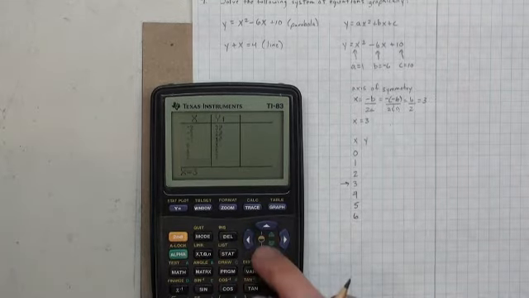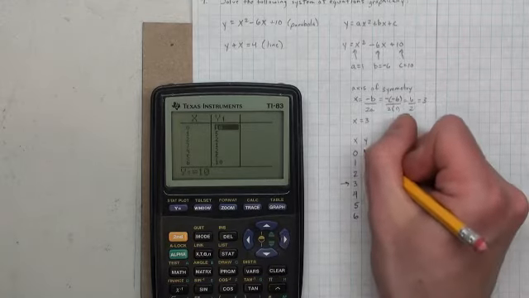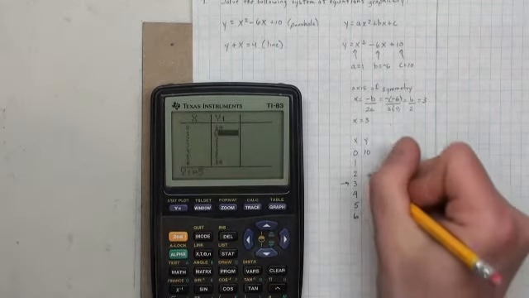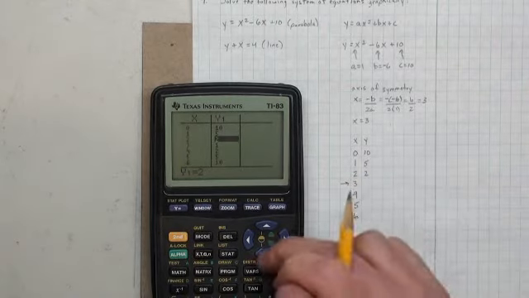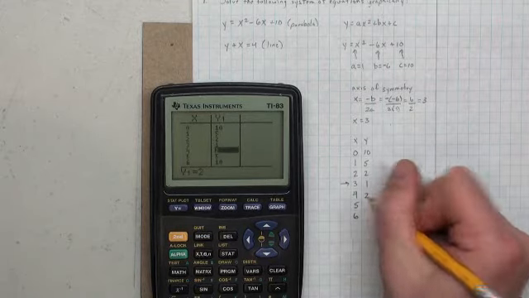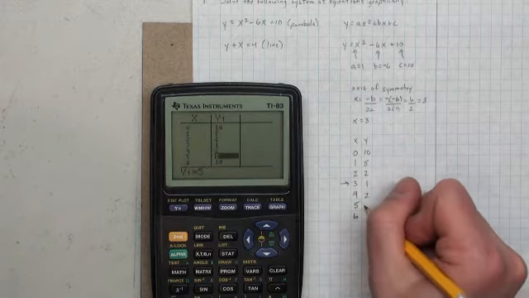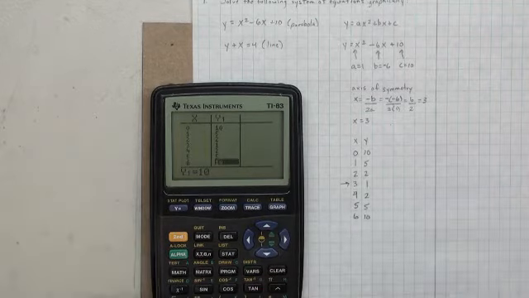So let's go till it's 0 at the top. Okay, there it is. So at 0 we're at 10. At 1 we're at 5, 2 is 2, 3 is 1, 4 is 2, 5 is 5, 6 is 10. Okay?